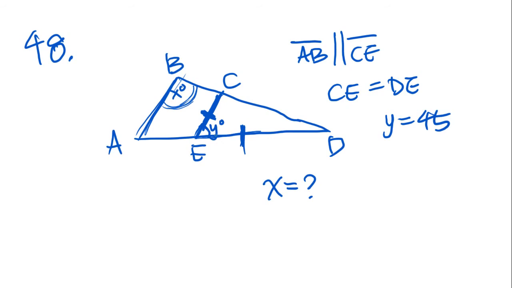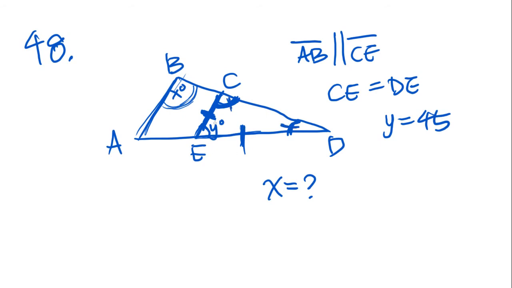If we know that ED and CE are the same length, then this is an isosceles triangle. And what that means is that this angle here is actually equal to this angle here, even though it's not drawn that way. Based on the rules of geometry, we know that these two are actually the same.